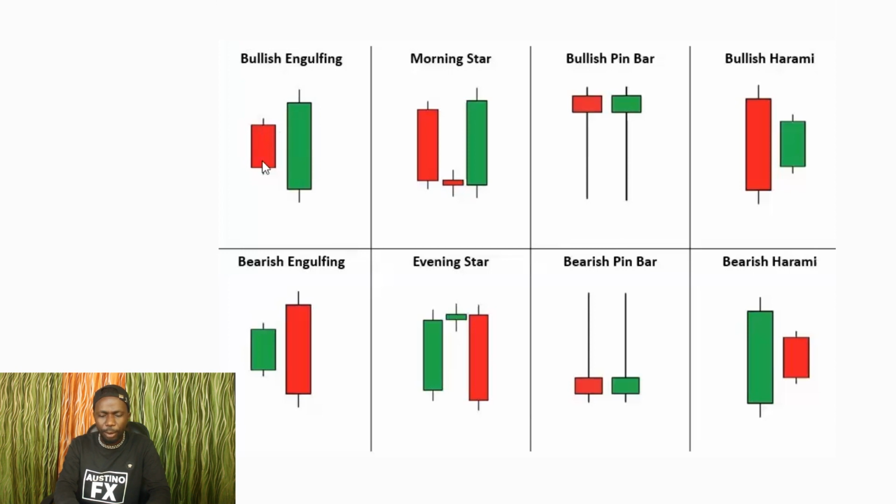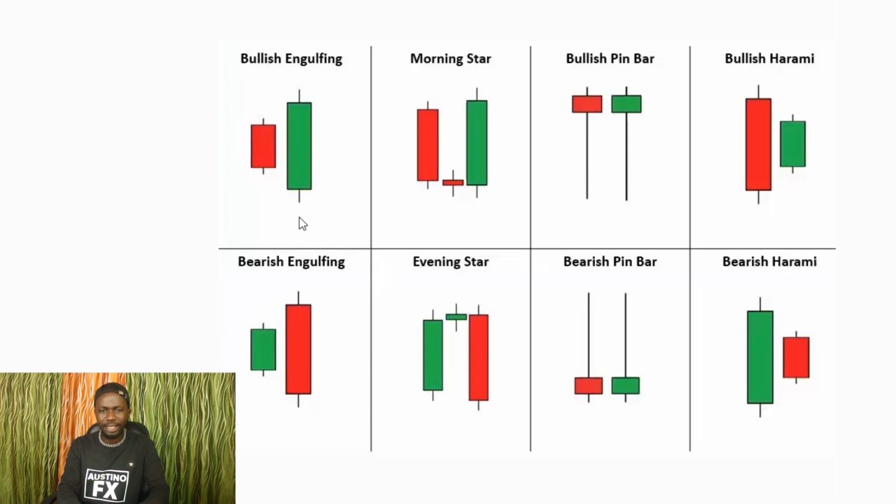So you can find this candlestick on a support level. Honestly speaking, candlestick patterns should only be identified at an area of value. What is an area of value? An area of value can be referred to as a support and resistance level, a level where there is likely to be a reversal. A resistance level is where sellers are stepping in to push the price down, while a support level is where buyers are stepping in to push the price up.